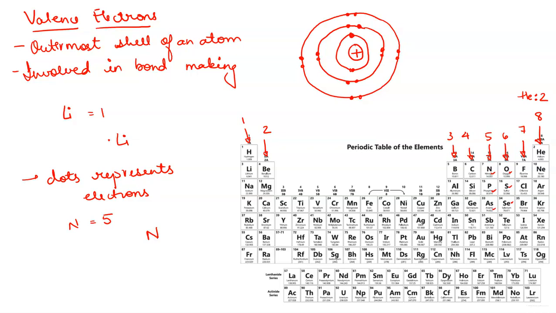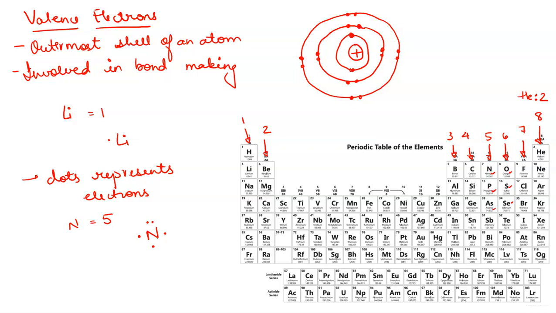Let's count: 1 electron on each side of nitrogen, 1, 2, 3, 4, and now the 5th one is when we pair up one of those electrons. It doesn't matter which one you pair up, but you must distribute those electrons on each side of the symbol first. So each electron has to be single first before you can start pairing them up.